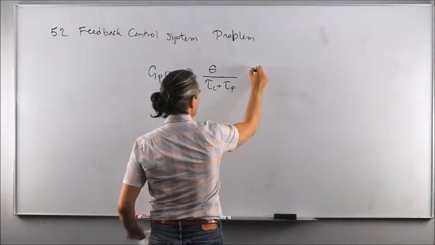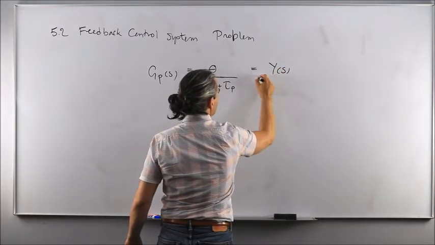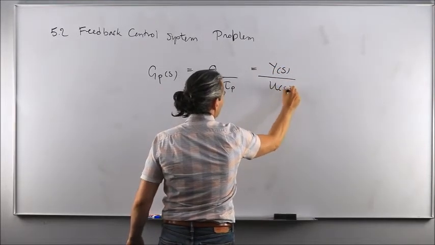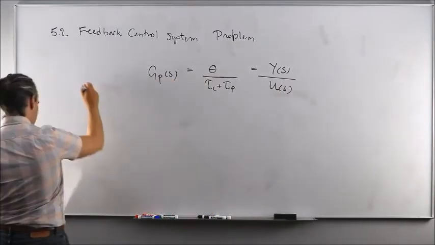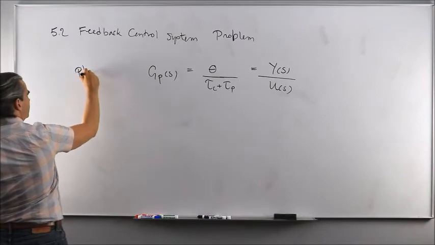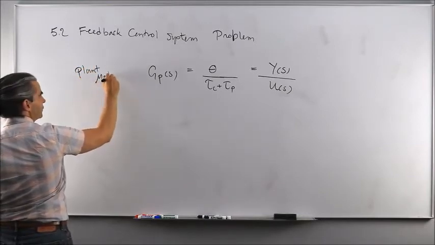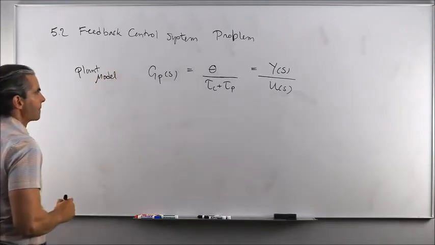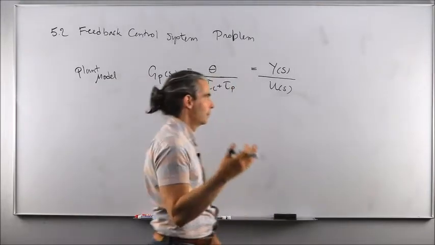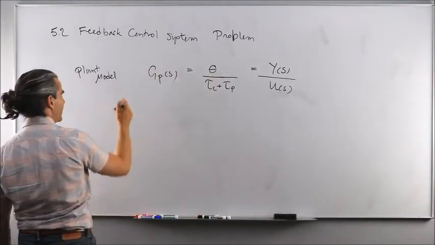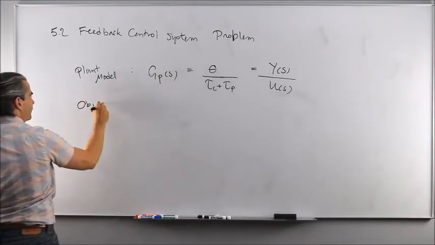Or generically speaking, as I've mentioned before, this can also be referred to as y of s over u of s. So this is the plant model. Okay, which is equal in our case to 1 over js squared, but for this discussion, that is not necessary to know, okay?